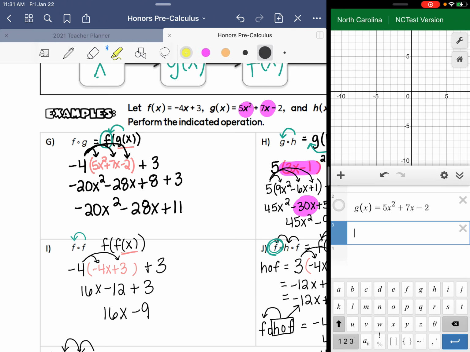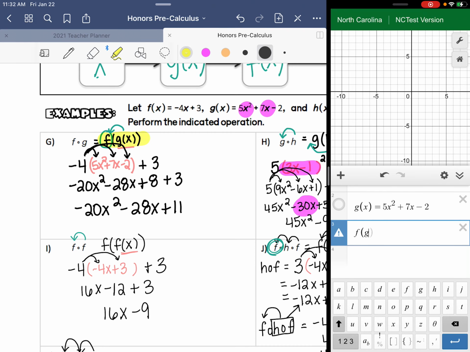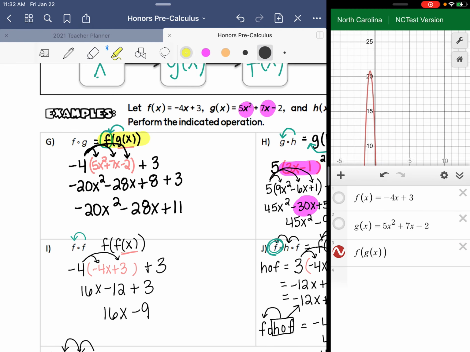Now you have to type it such that you are plugging in with the parentheses. If you don't type it that way, there's no way to do the of. The only way it's going to understand the composition is if you use parentheses. So you're going to do f, parentheses, g, parentheses, x. And there's my function.